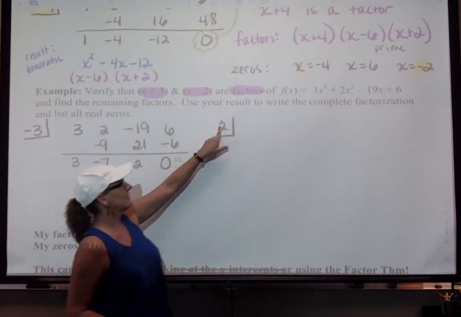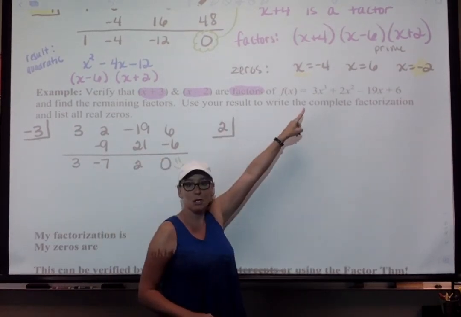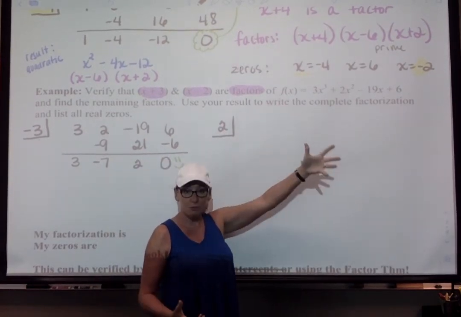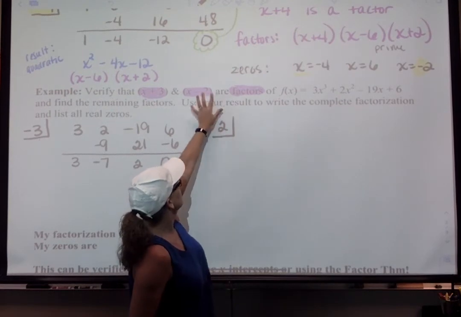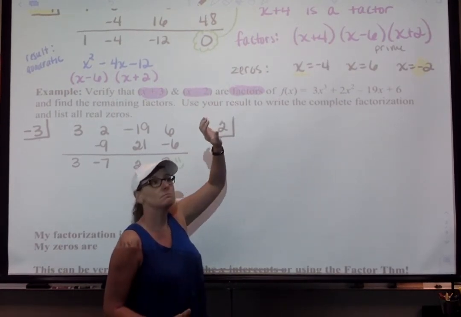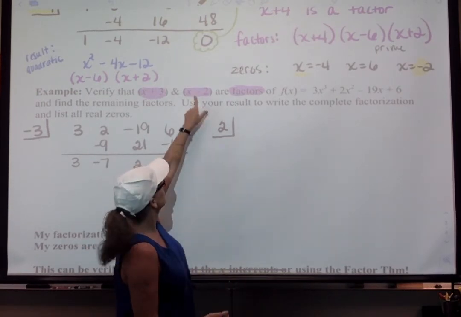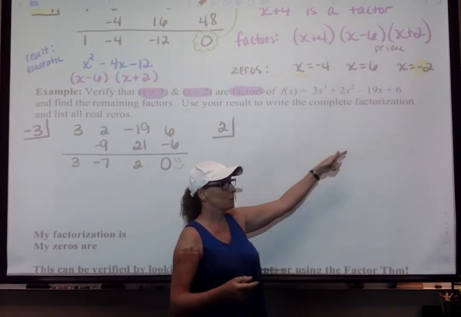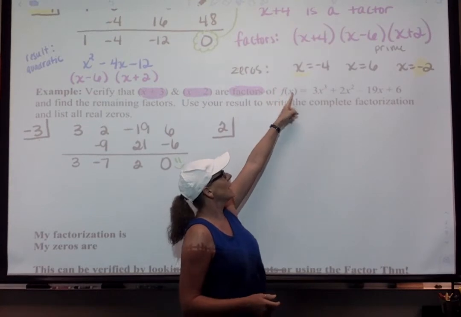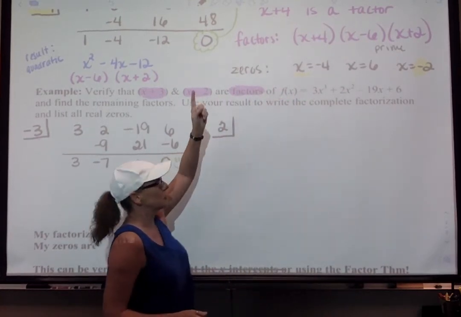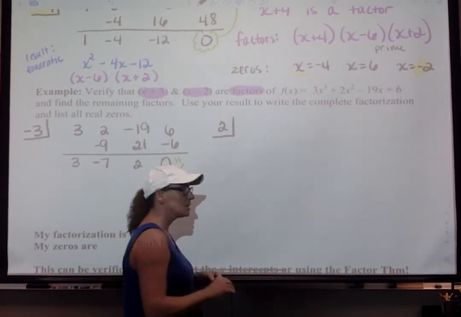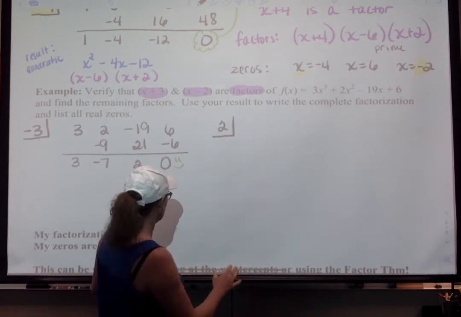Some of you are going to send 2 through your cubic to prove to me that this is a factor. And that's valid. You can send positive 2 through your cubic to prove that this is a factor. Okay, but hang on a minute. Let me take this down to something much more simple.